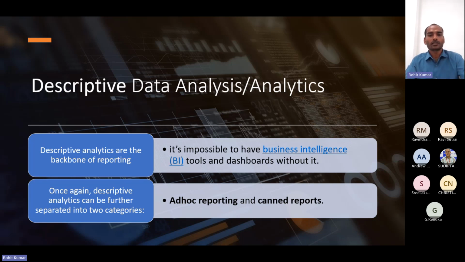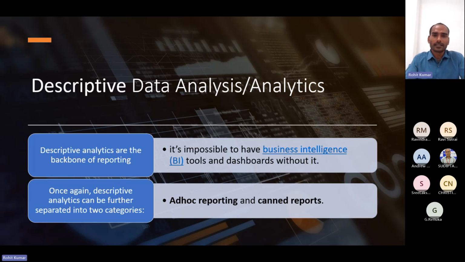But an ad hoc report is not like that. An ad hoc report is a very general analysis. For example, take today's weather. You just saw the sky and predicted, yes, a bit of humidity is there in the air, and the air is also blowing hard, so most probably it is going to rain.